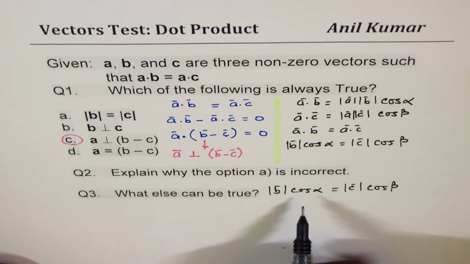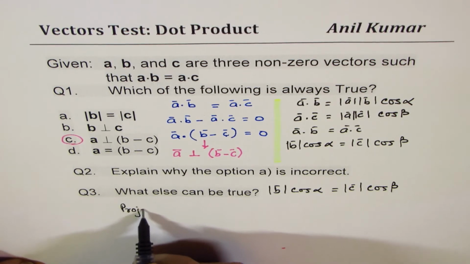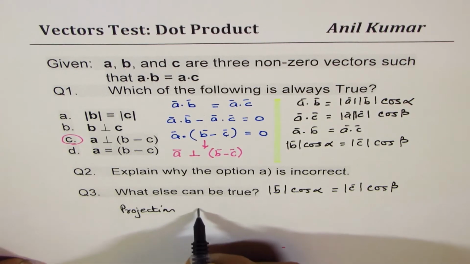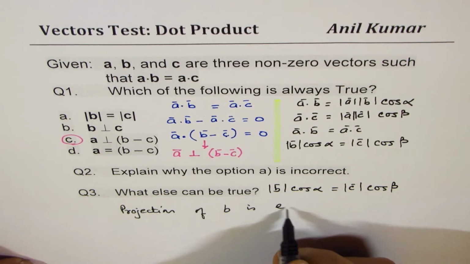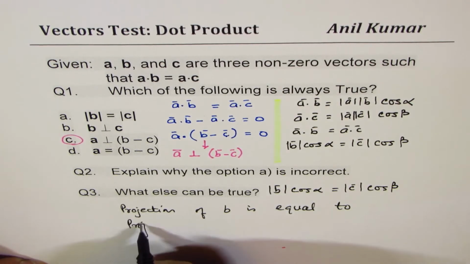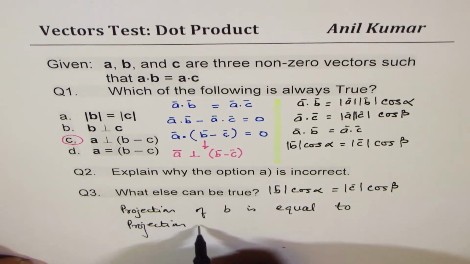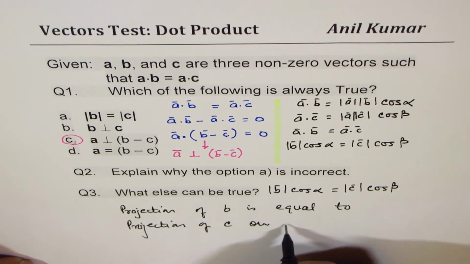So we can say the projection of B is equal to the projection of C on A, right?